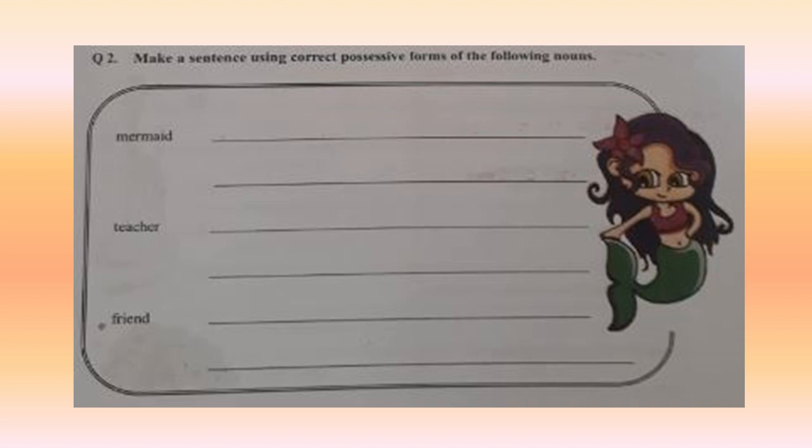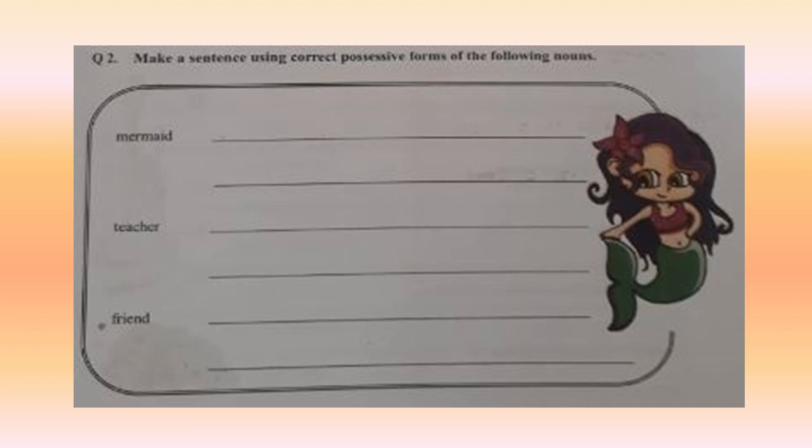The first word is mermaid, and you can see that a beautiful mermaid is drawn on the side of the page. You can say anything about the mermaid. For example, mermaid's hair is very beautiful. Mermaid's hair clip is of pink color. Mermaid's complexion is very fair. So think of a very nice sentence and write it.